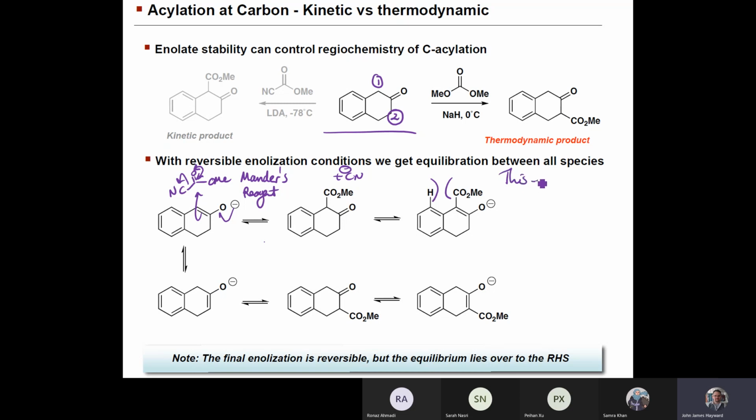So this enolate is destabilized by eclipsing steric clash with the aromatic CH bond.